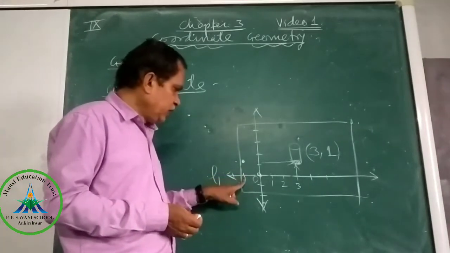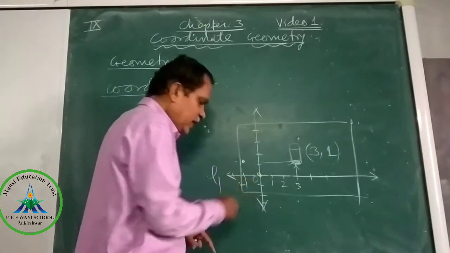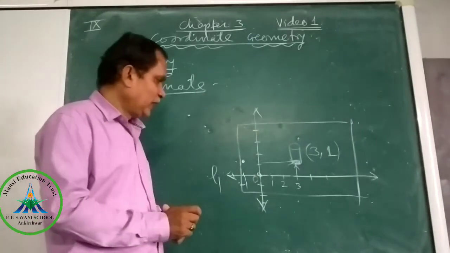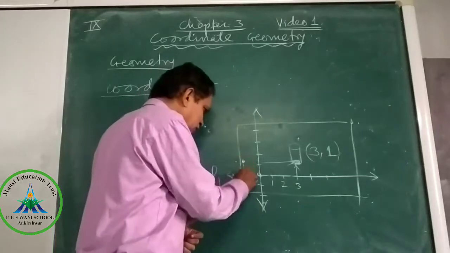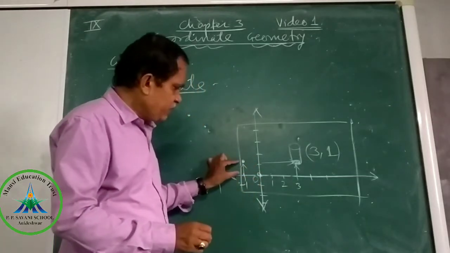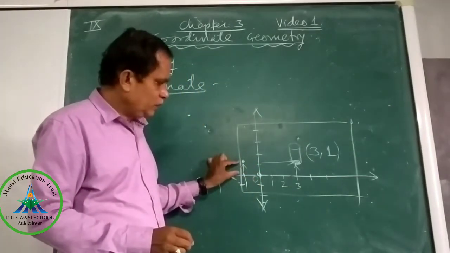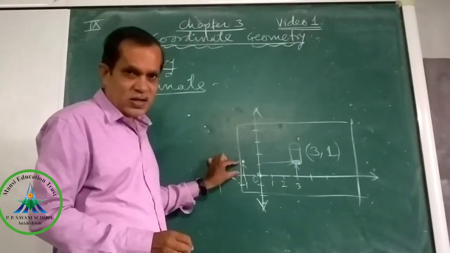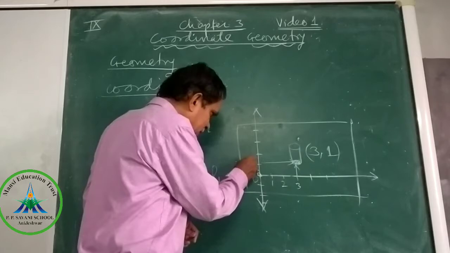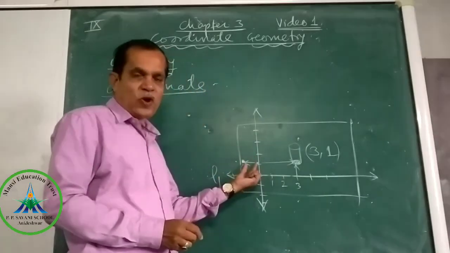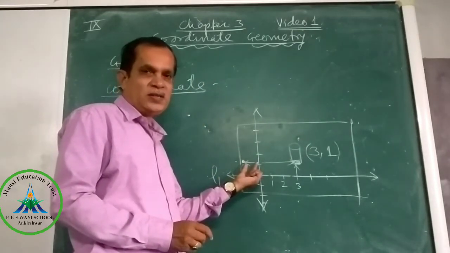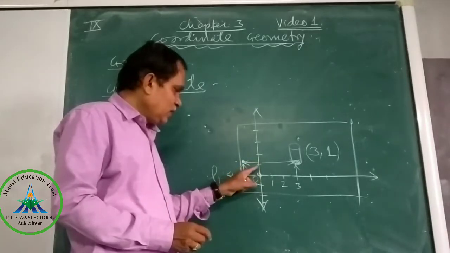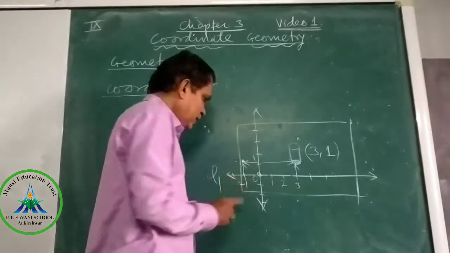Now look here, this is what we call -1. Yes or no? So see now, this is 1 unit away from the x-axis. Now from here I can see 1 unit away from the y-axis. Here, this is 1, this is -1.